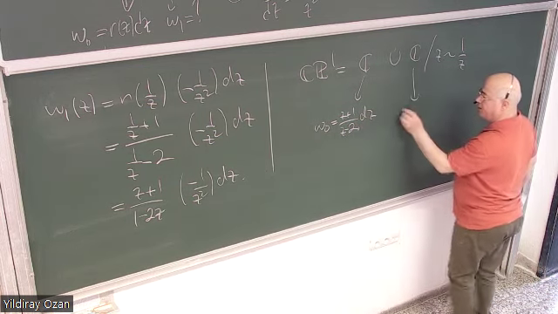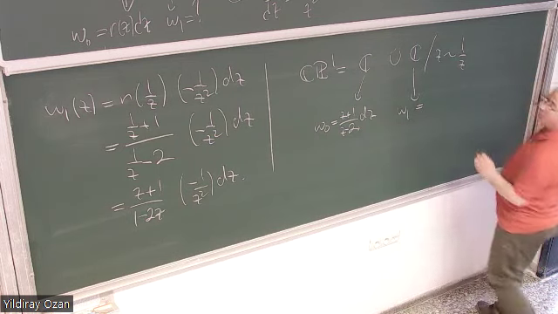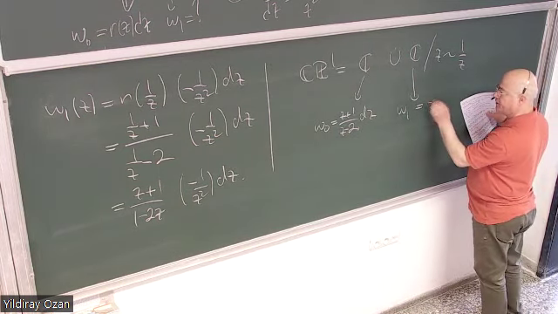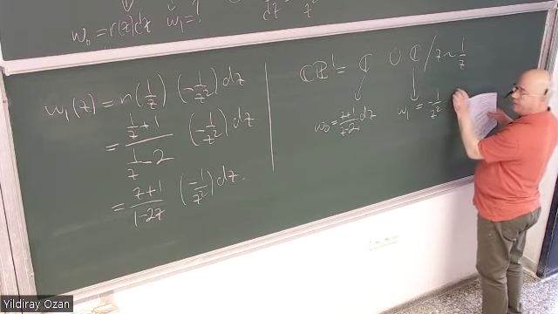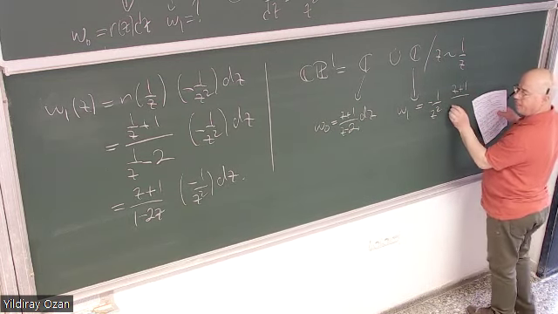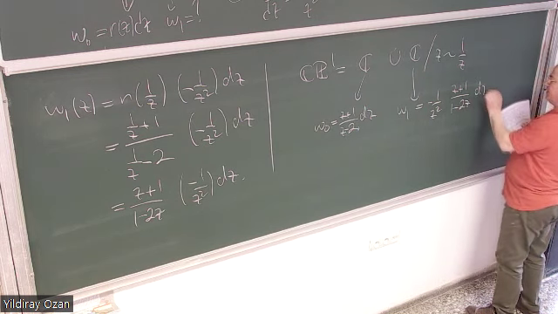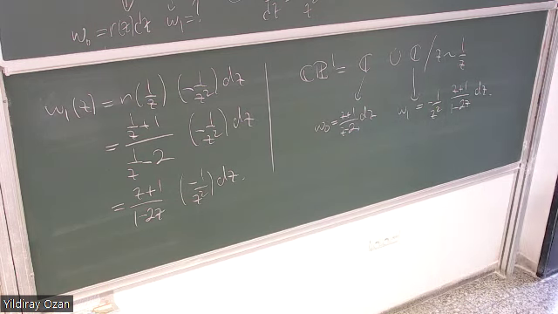On this one, it is what I wrote here, minus 1 over Z squared, Z plus 1 over 1 minus 2Z dz. Okay?